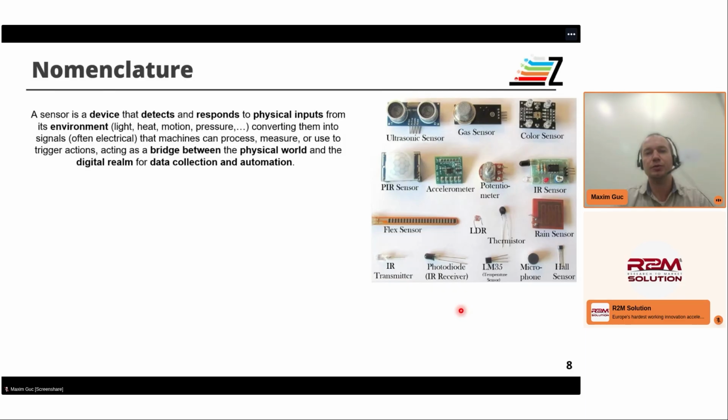So to transfer the environmental conditions into a language that can be worked with in the digital phase.